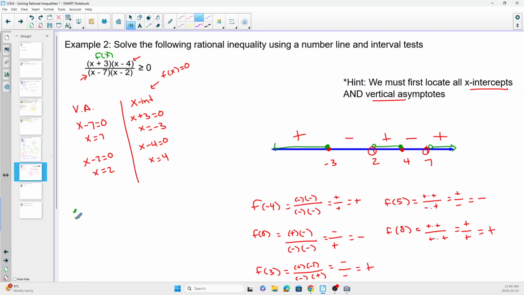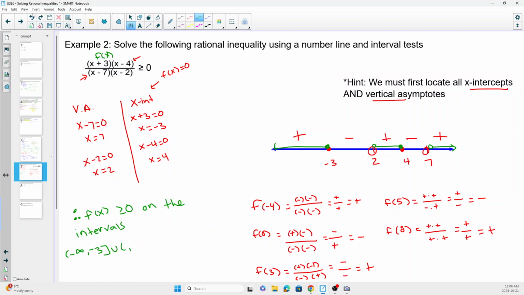So therefore, f at x is greater than or equal to 0 on the intervals negative infinity all the way up to negative 3, inclusive of negative 3. And then again, from 2, but not inclusive of 2, all the way up to positive 4.